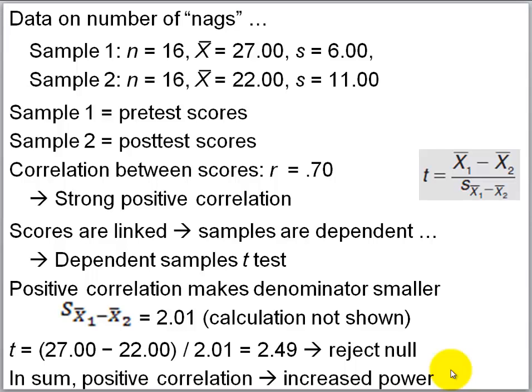You take it out of the equation. You, so to speak, build a smaller haystack, and you increase your power. Also, in some other studies, including pretest data can reduce bias that would otherwise be present.